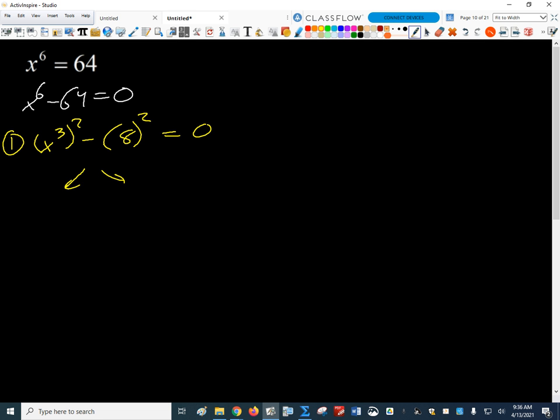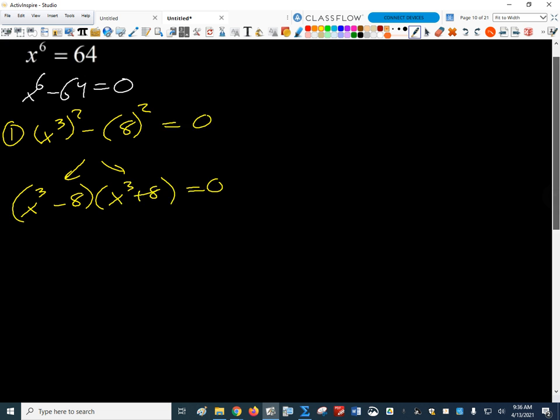All right, so what do we have here? We had, okay, we were doing difference of squares. So we broke this up into a minus b times a plus b.